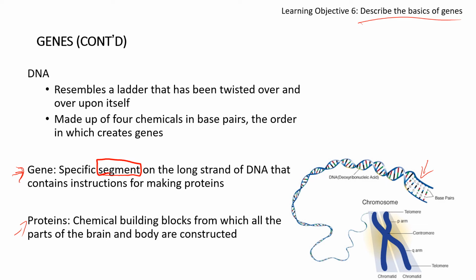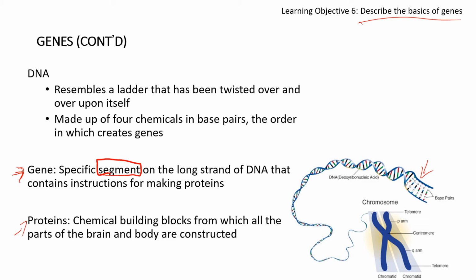Now there are many different genes that dictate how tall you are, but let's say there's only one gene that dictates height. You will have an allele for height, and you will get an allele from your mother and an allele from your father. We'll talk on the next slide about how one can be dominant and one recessive, all of that.